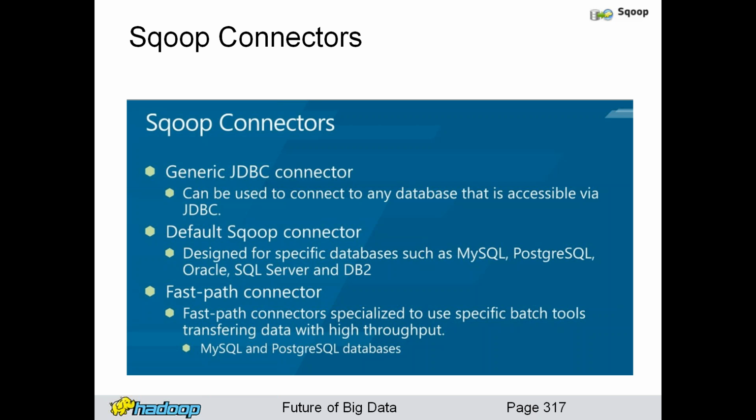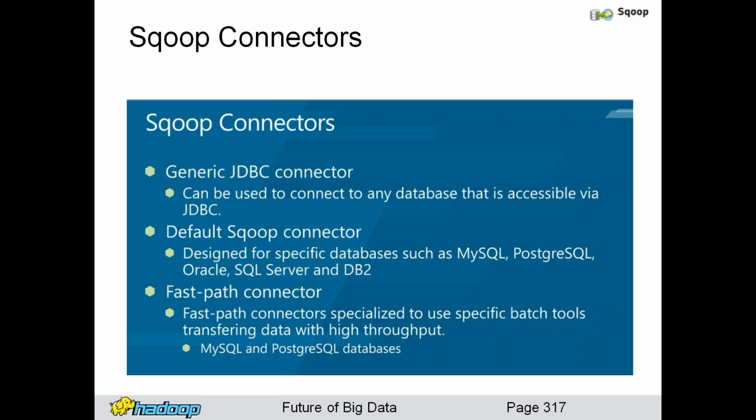Default Sqoop connectors are also available for MySQL, PostgreSQL, Oracle, SQL Server, DB2 and so on. There are plenty of connectors available to connect to databases, and it's actually three different types.